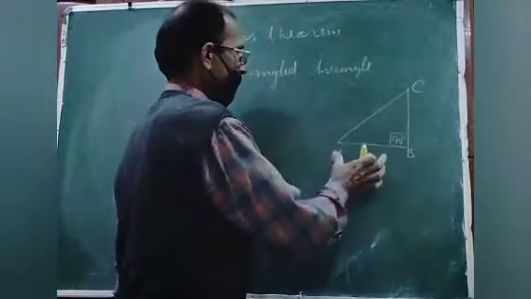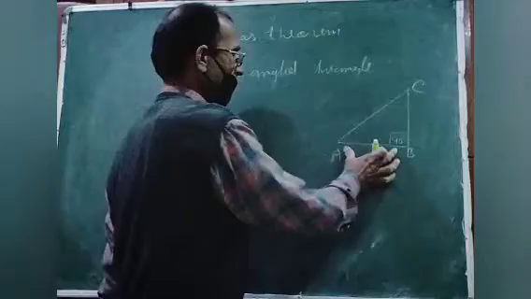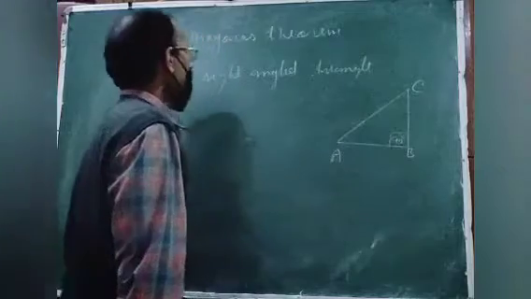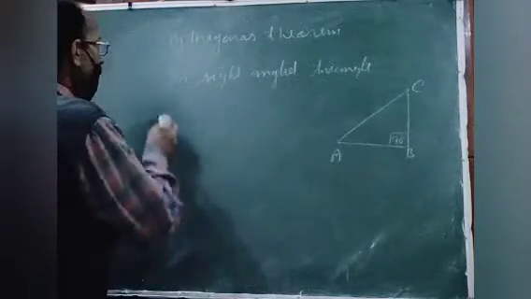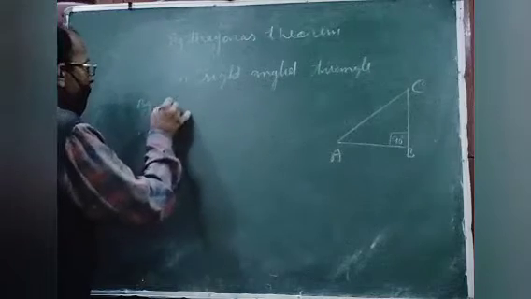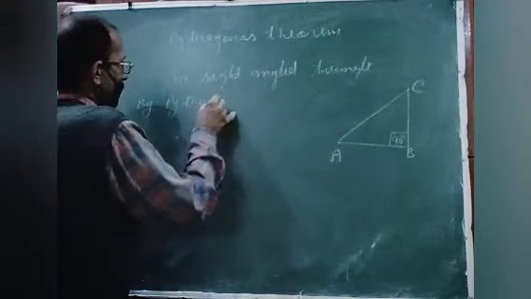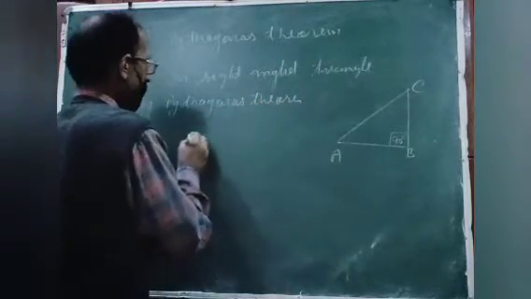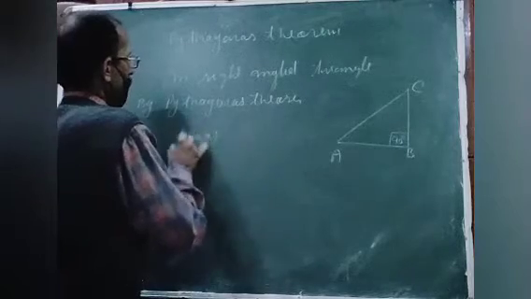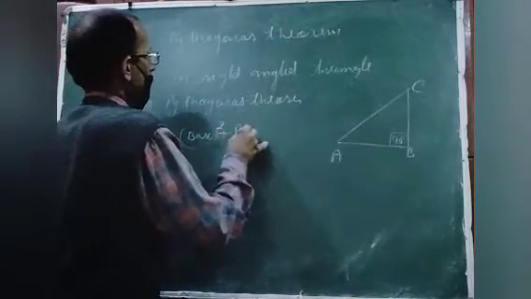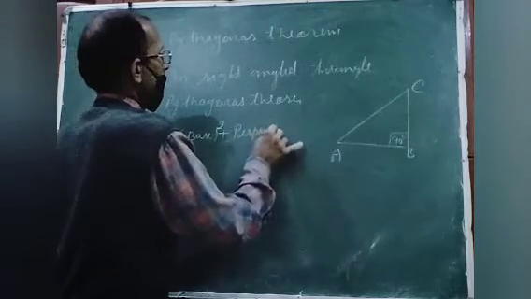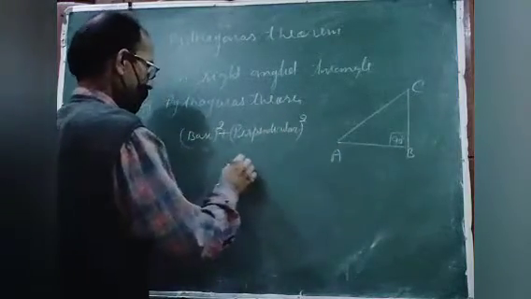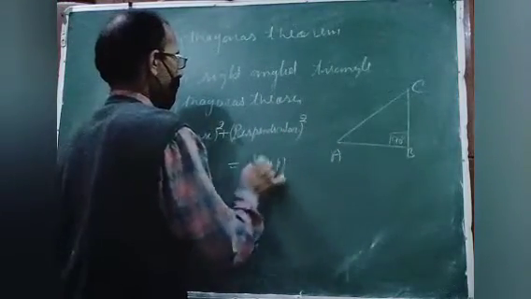So what is Pythagoras theorem? In a right angle triangle, base square plus perpendicular square will be equal to hypotenuse square. So this is the Pythagoras theorem: base square plus perpendicular square is equal to hypotenuse square.